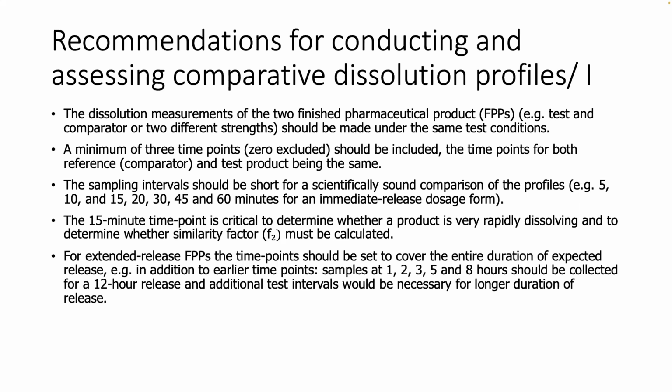And we described the dissolution process, and how if at 15 minutes, which is a critical time, the dissolution is different for both products, you can calculate the F2, the similarity factor. If the similarity factor is less than 50, then you cannot say that the dissolution profiles are similar. But if it is between 50 and 100, then you can say for sure that the dissolution profiles are similar.